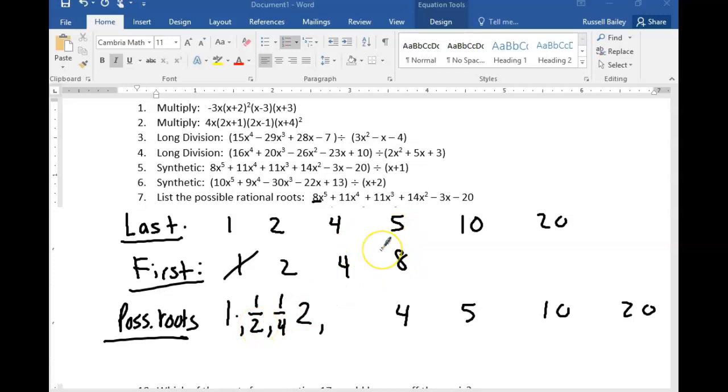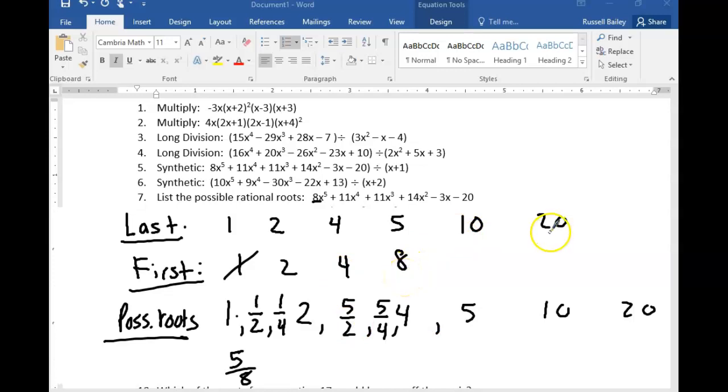Then we do 5 over 2, which is 2.5. 5 over 4. And then 5 over 8. I'm running out of space, so I don't really know where to write these, but there's that. Then we have 10 over 2, which is 5, which we already have, so we don't need to worry about that. 10 over 4, which is 5 halves, we have that. 10 over 8, which is 5 fourths, we have that.